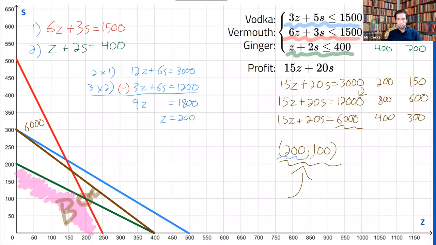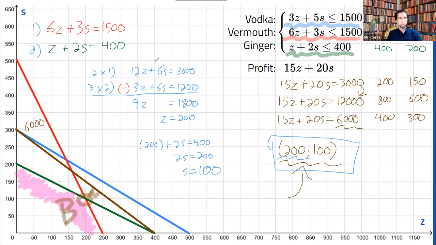Okay, so that's what we saw on the graph, and we could just quickly use the second equation. 200 plus 2S is equal to 400. 2S is 200. S is 100. Okay, so some quick algebra. We verify, yes, the exact coordinates of B are 200 and 100.